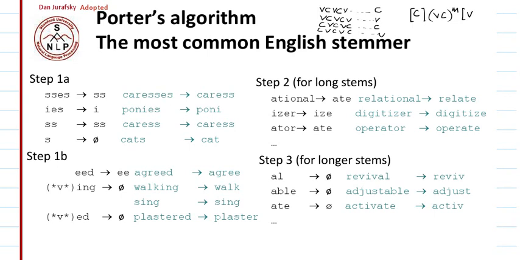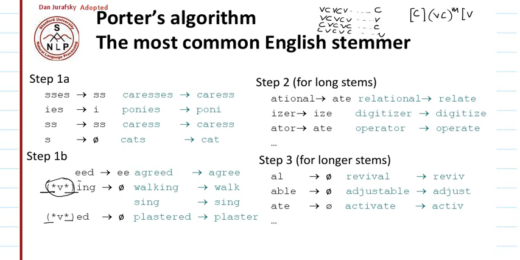Similarly, step 1B, star V star: anything that is preceding the vowel and after the vowel. This means some combination of characters that is having a vowel in it, and it is suffixed by ing.